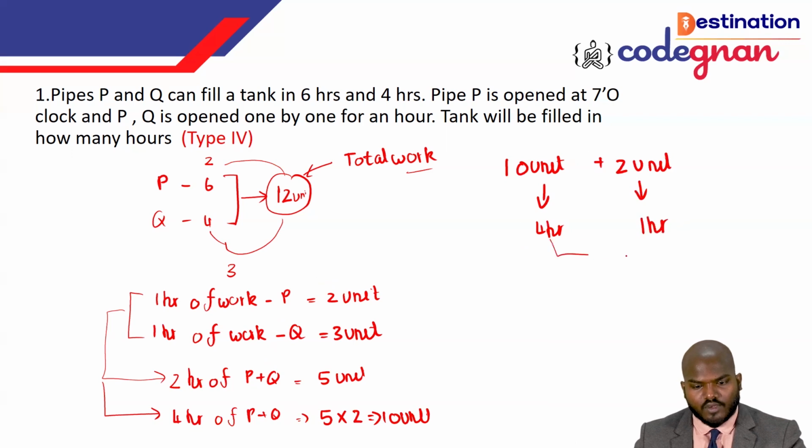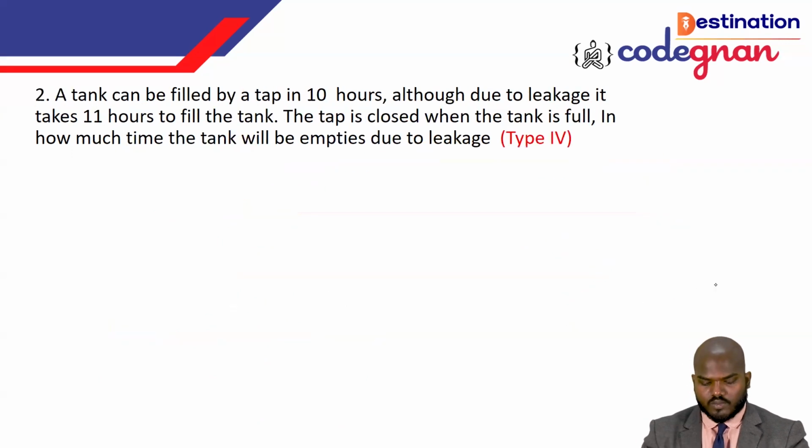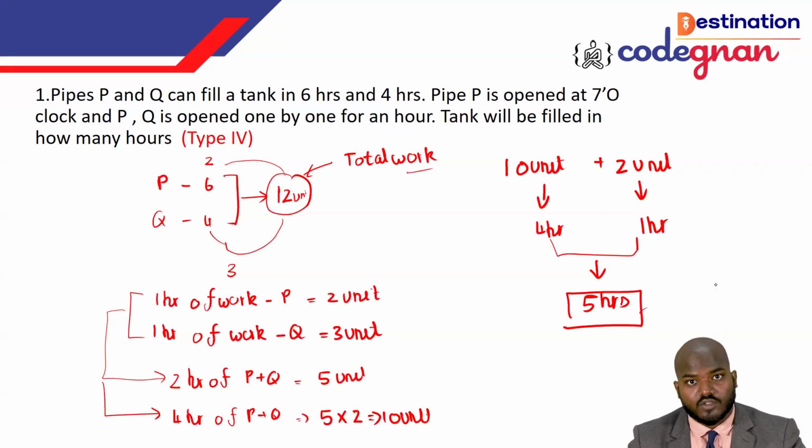Combining that, the answer is 5 hours. This particular class will be a little difficult and challenging, because we have taken very deep application-oriented questions that you want to focus on.